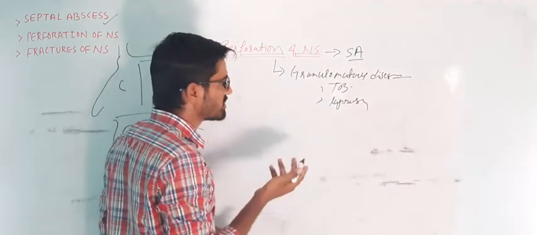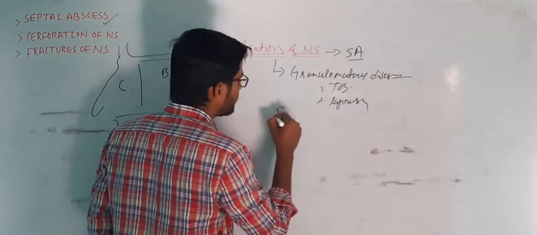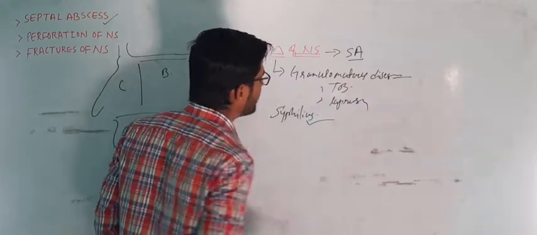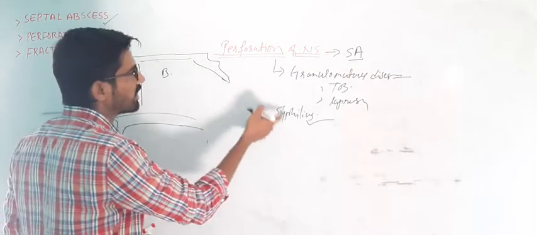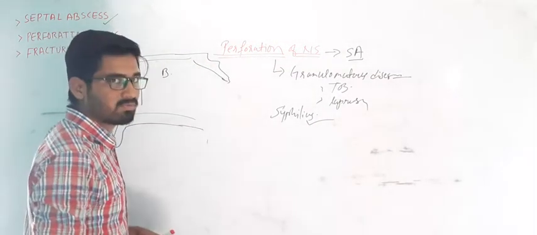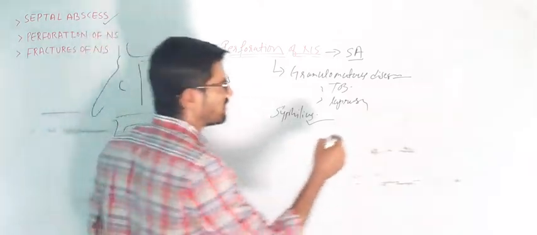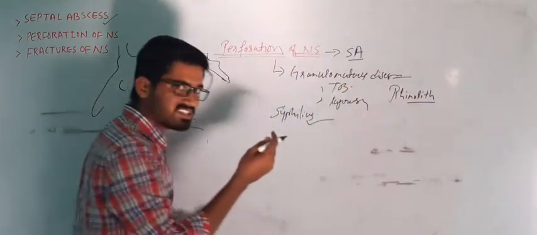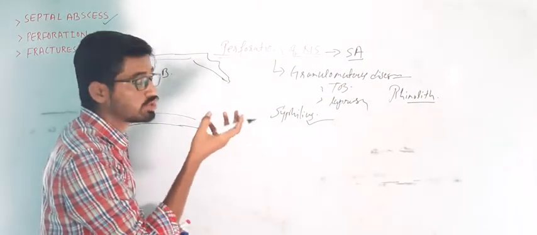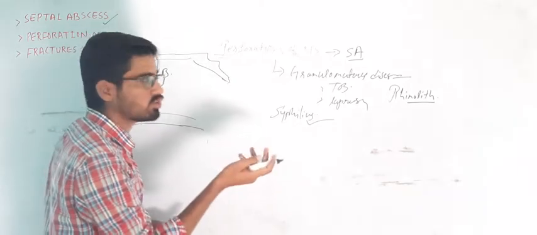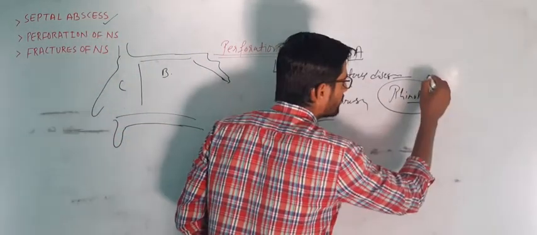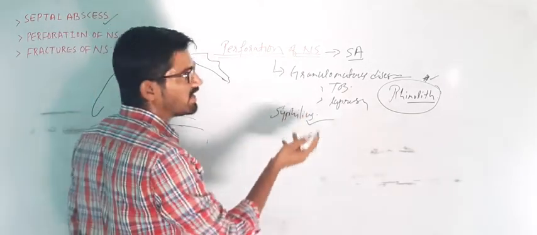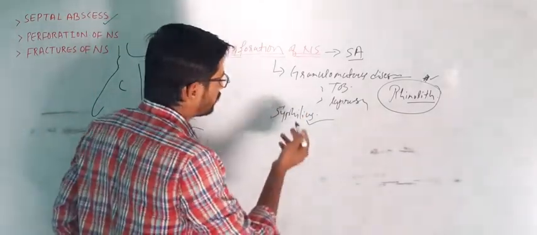These are all granulomatous diseases. And syphilis also can cause perforation of the nasal septum. And rhinolith. What is a rhinolith? A rhinolith is a stone present in the nasal cavity. We will talk about rhinolith separately in one lecture. So these are the causes: syphilis, TB, leprosy.